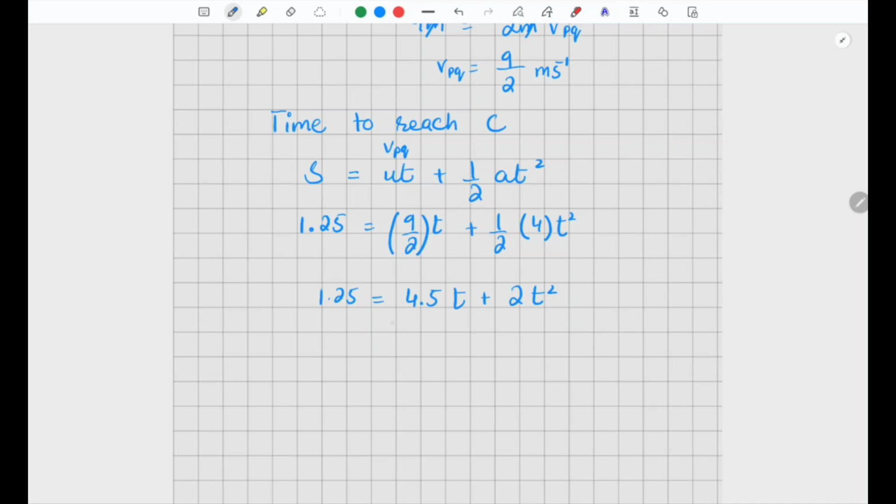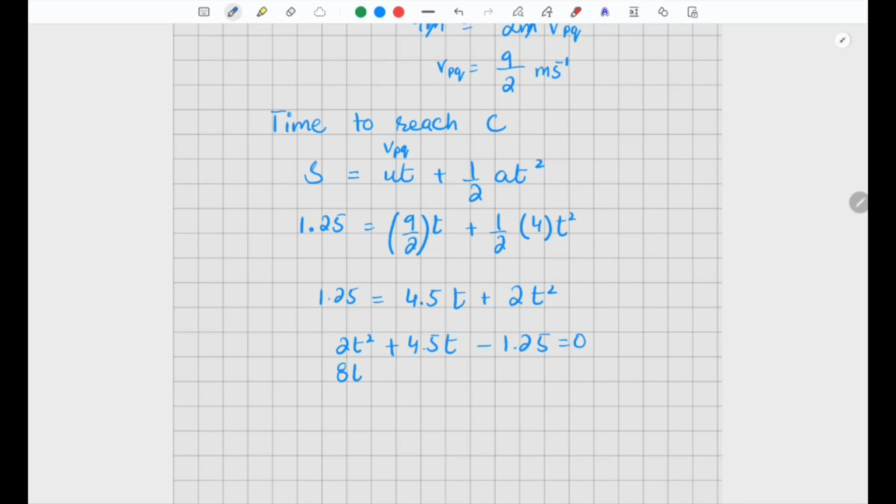So 2T square plus 4.5T minus 1.25 equals 0. Okay, to make it simpler, we can multiply the whole equation by 4.